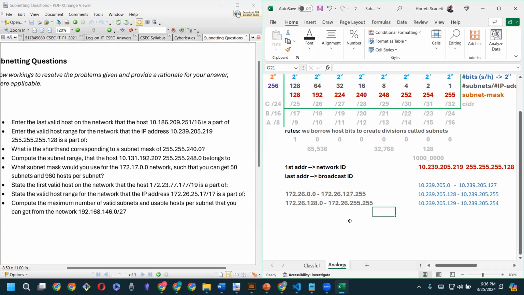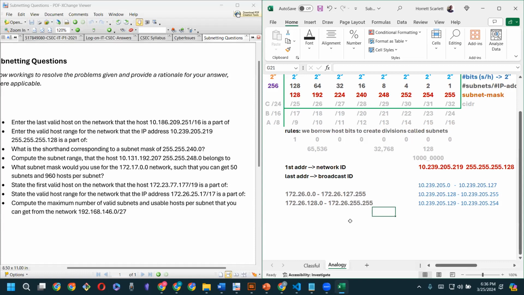Once we know which range it falls into, we can determine the valid host range. So which one of these subnets would it fall in? Sure, the first one, 172.26.0.0. Exactly. That's where it would fall.